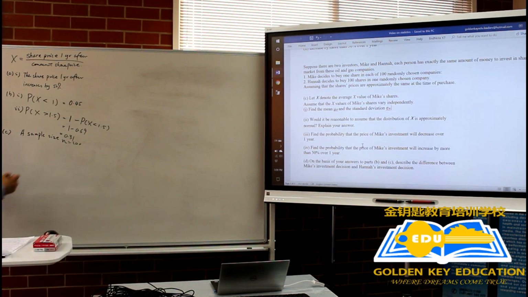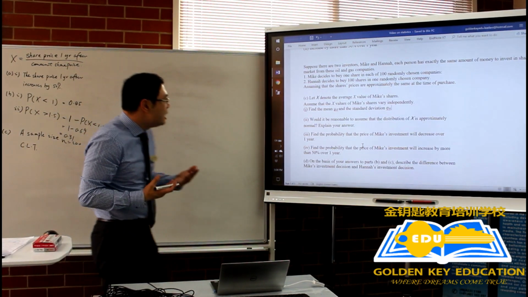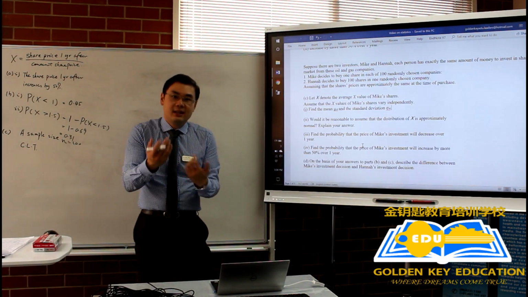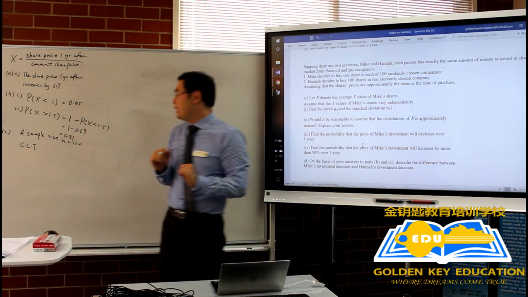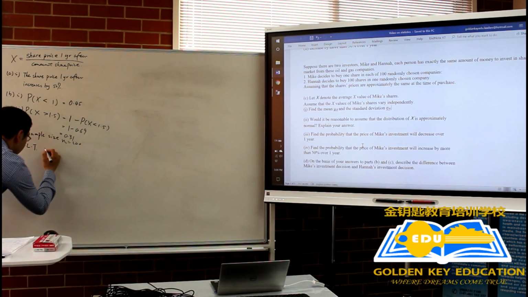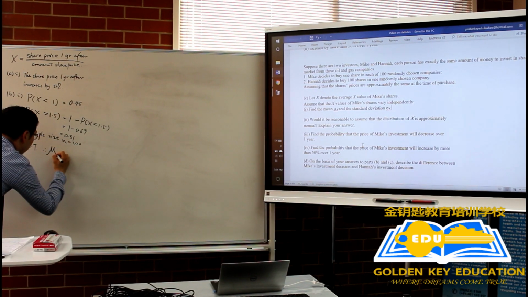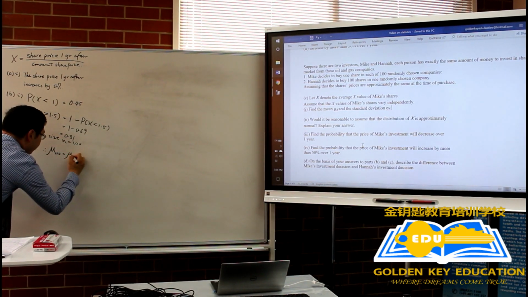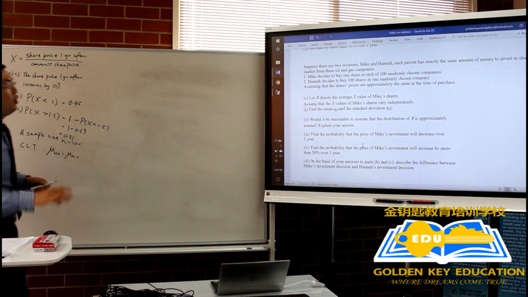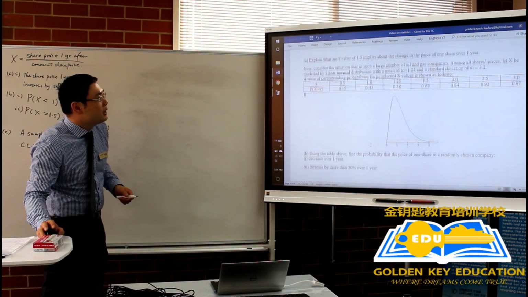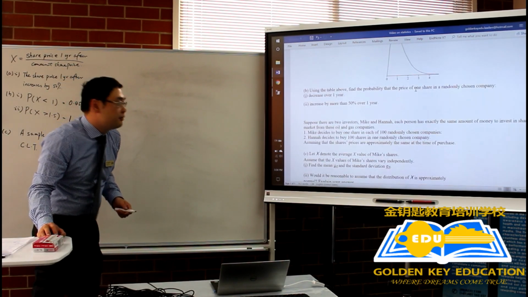So this indicates that we should be using the central limit theorem. The central limit theorem implies that the mean value is exactly the same comparing the sample and the population. So in this case, the mean for 100 equals whatever the population mean is. And going back to our previous question, the mean value is 1.25.